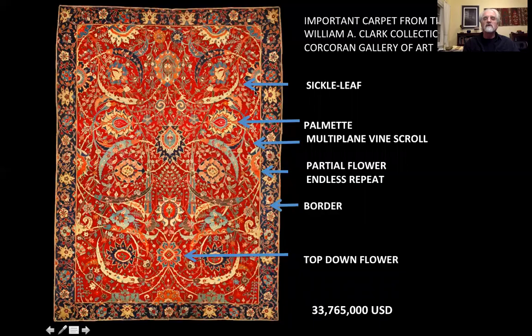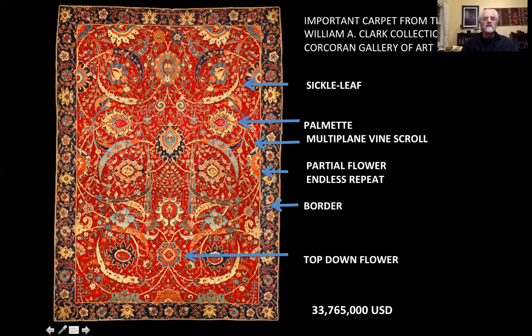The reason it's a partial flower, as is the one up here, is not because the weaver ran out of room or didn't know what he was doing. This would have been done in a fancy workshop. It's because this was a deliberate design, and the border is framing an endless repeat and has trapped one of these, actually all of these floral elements, in half. That's what that means. It's not because the weaver didn't know what they were doing.